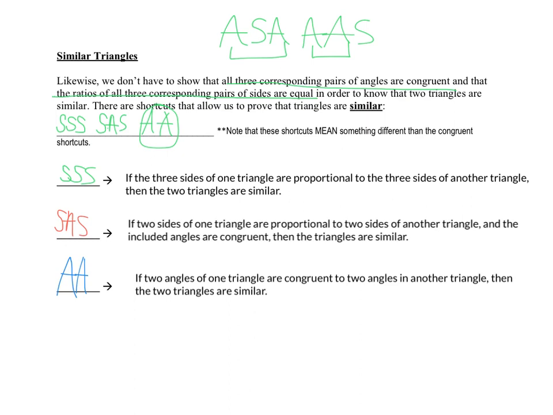Now, it might be that those triangles are also congruent. We just don't have enough information if we are just doing angle, angle. So if you wanted to go further and find that out, we would need to do one of the congruent shortcuts. But if we have angle, angle, that's enough to know that they are indeed similar.